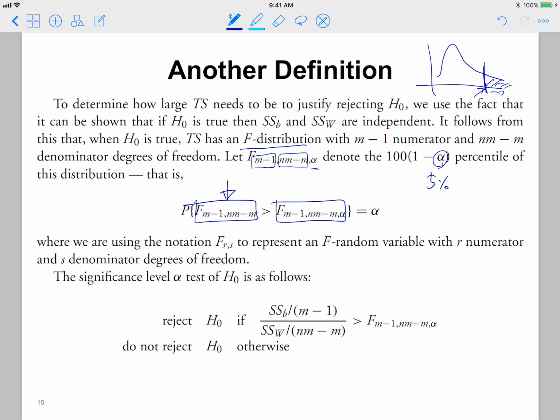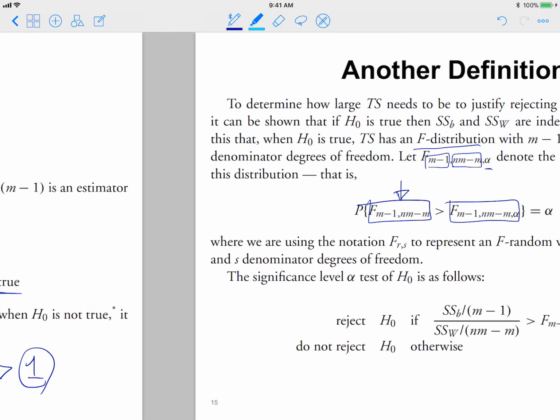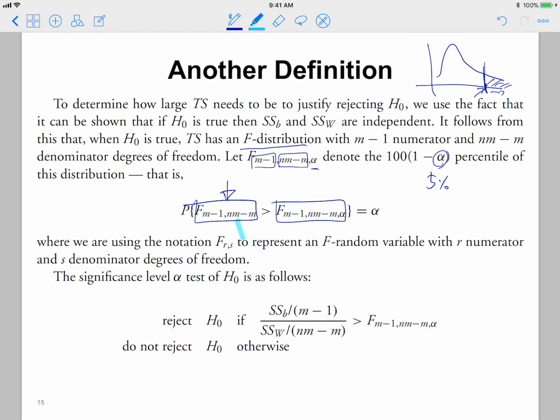This is our test statistic, which is represented in this manner. If this value exceeds the predetermined value coming from this distribution table or distribution function, then we reject the null hypothesis.